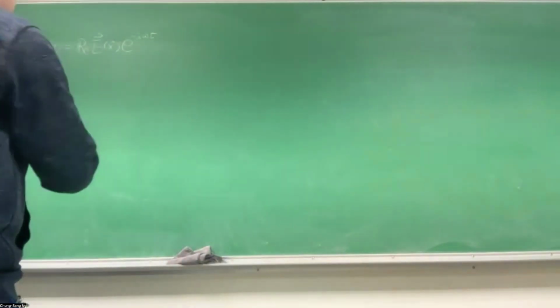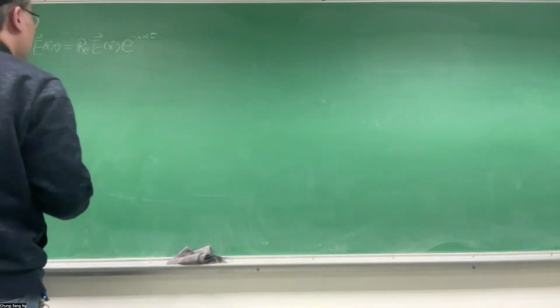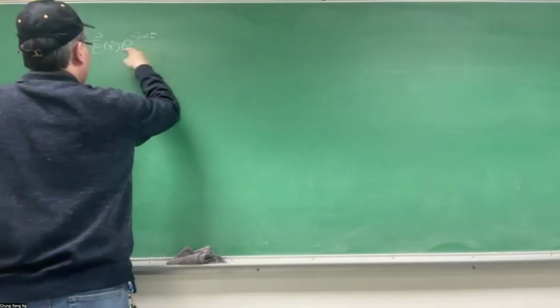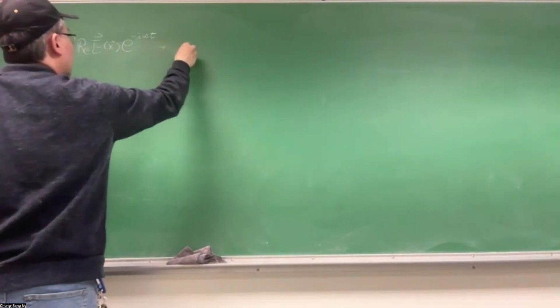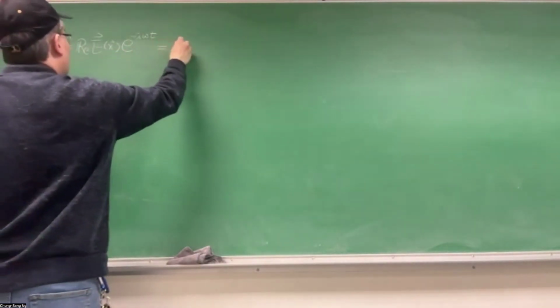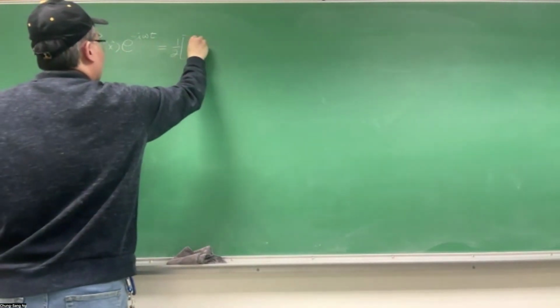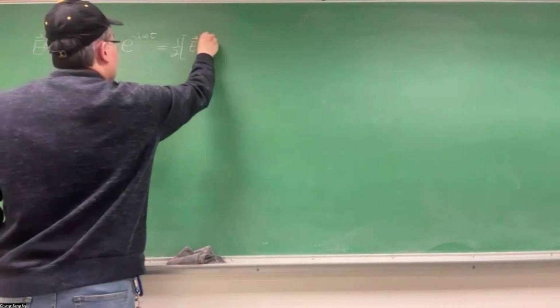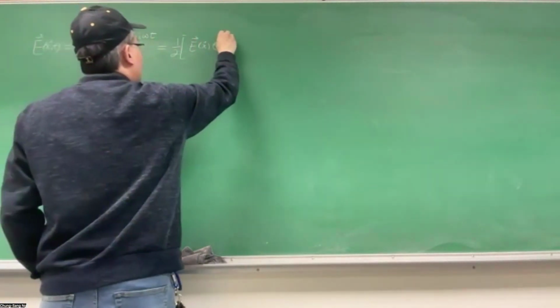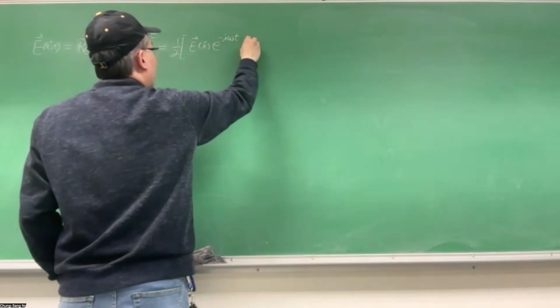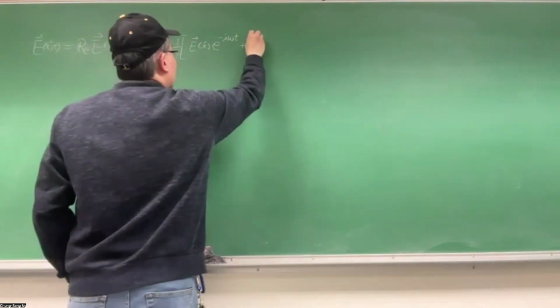Another way to write down the real part is that this equals 1/2 of the original term plus its complex conjugate.